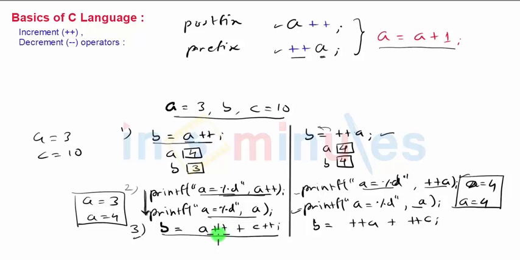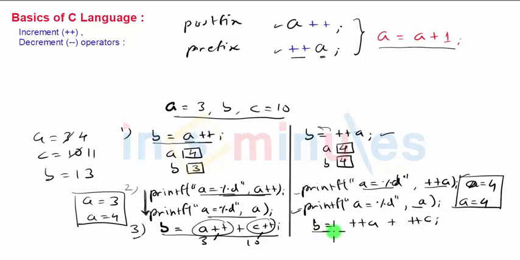Both are post-increment operators over here. So the values of a and c will not increment as the statement starts working. Just the values of a and c, that is 3 and 10, will be added and given to b as 13, and then the values of a and c will increment by 1 once the statement is done. So current values are used, and then the values of a and c are incremented.